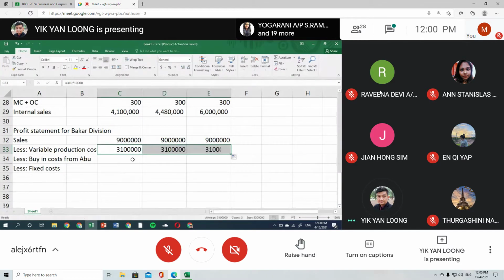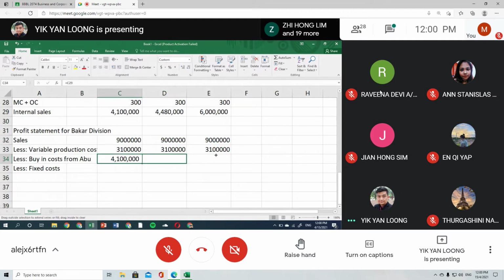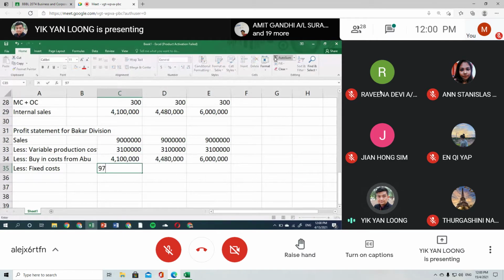Now the buy-in cost here, you just link to the internal sales, 970,000.